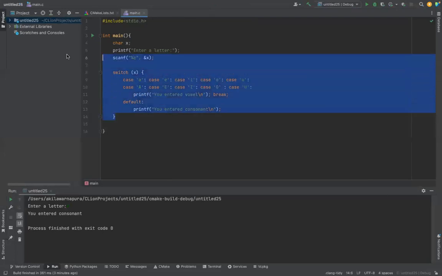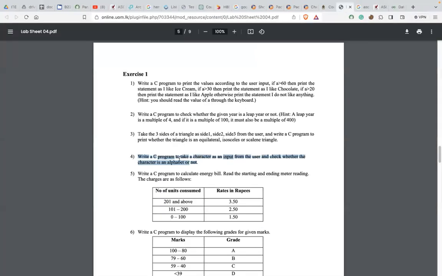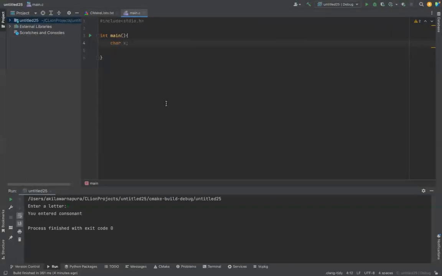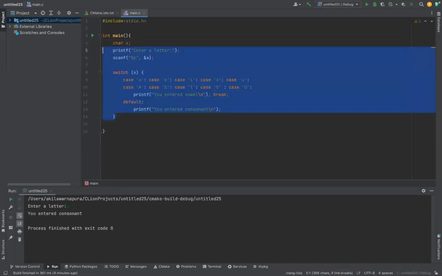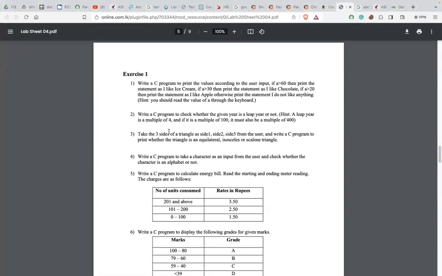So how do we check that range? The question asks to take the character from input and check whether it is an alphabet or not. Let's say char X. We can use the same thing as in the previous one. Remove this part. Enter character. Here we have to provide the range.